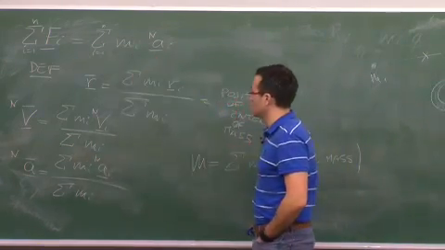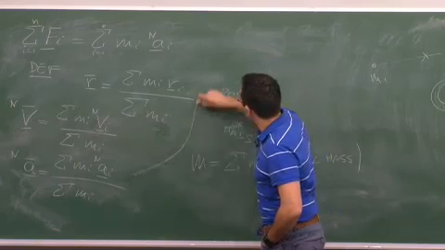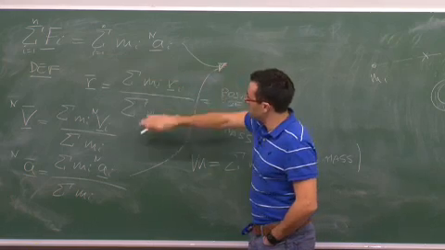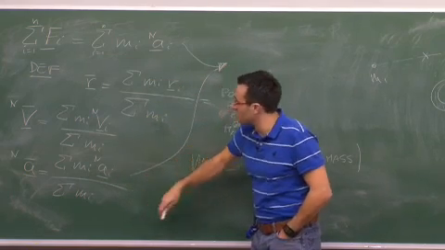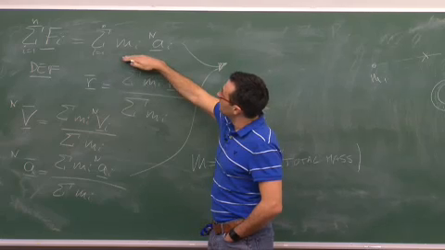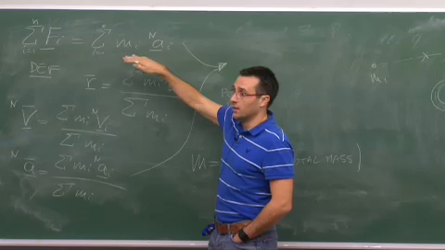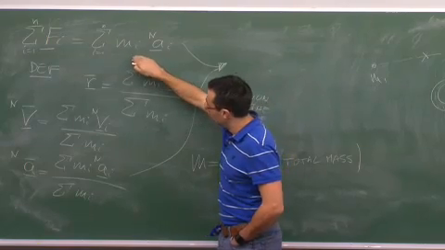It's up here. So with these two ingredients, the definition of position of center of mass and the derivation of its acceleration, and the fact that we are in an inertial reference frame, Newton's laws are valid and we are enforcing them. This is how I got here.